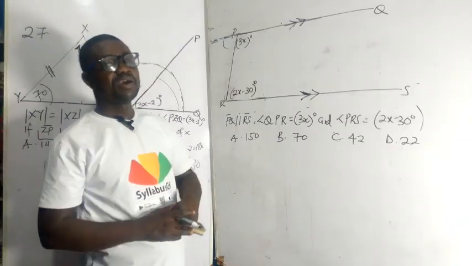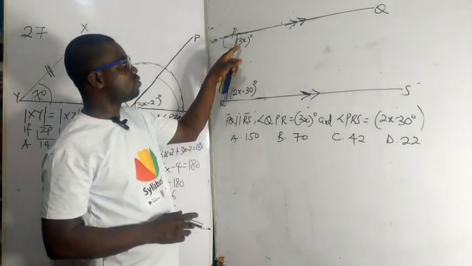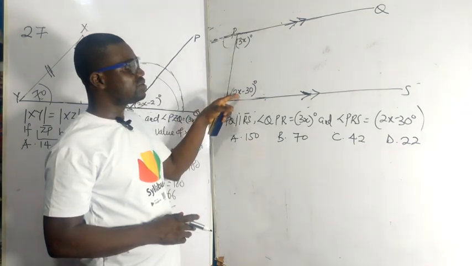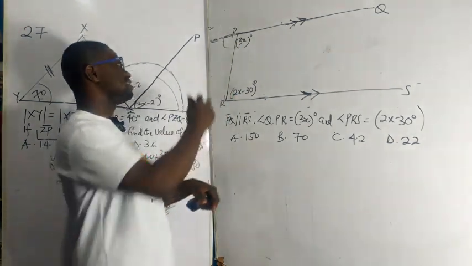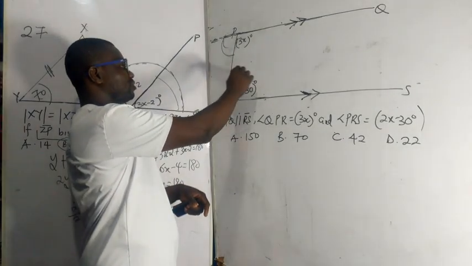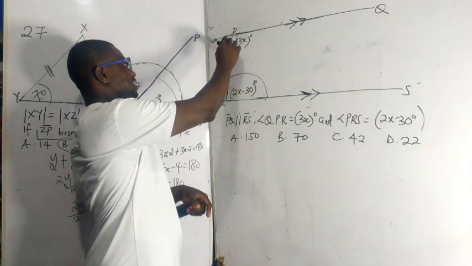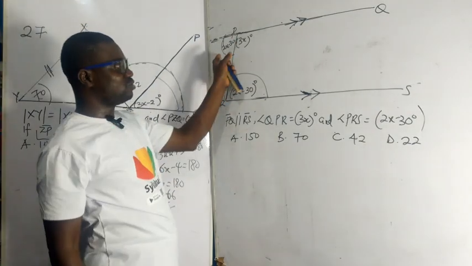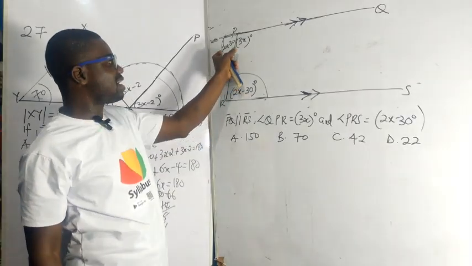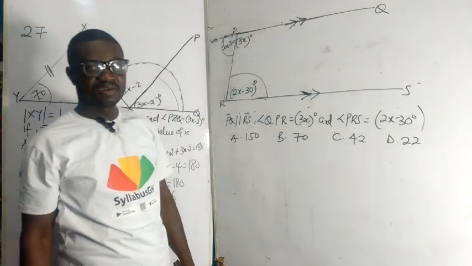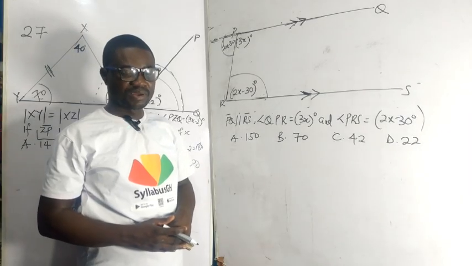For parallel lines, we say that co-interior angles sum up to 180. Likewise, since this side is alternate to this side, this angle here is 2x minus 30. And if you want to apply another rule for angles, these are adjacent angles, and adjacent angles sum up to 180.